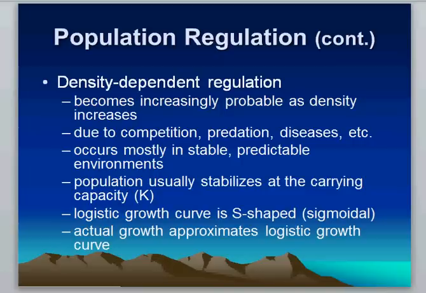In that way the density of the population remains pretty much the same. So the shape of that curve is such as what we see with the red curve there.